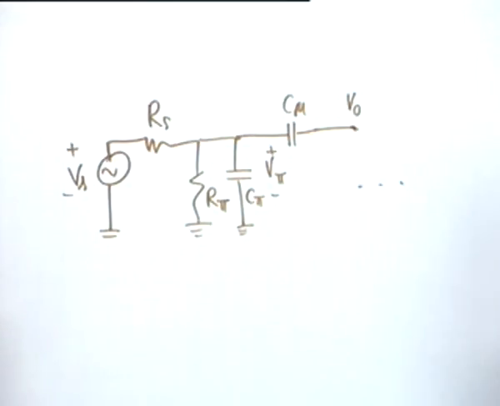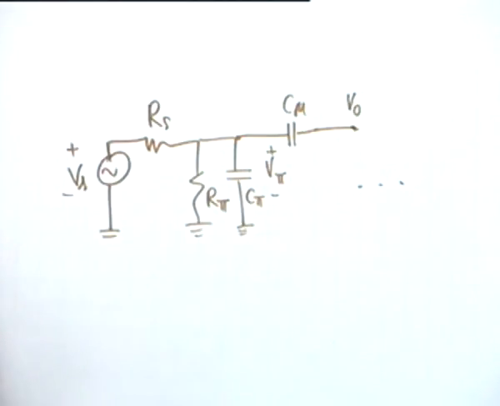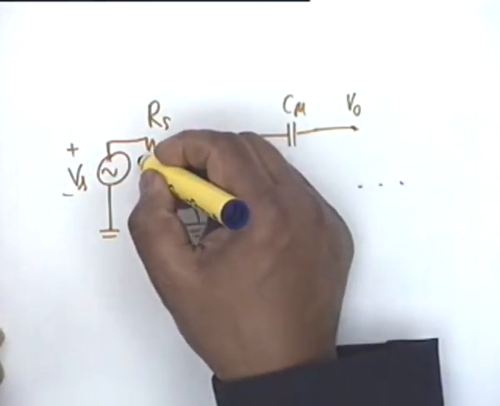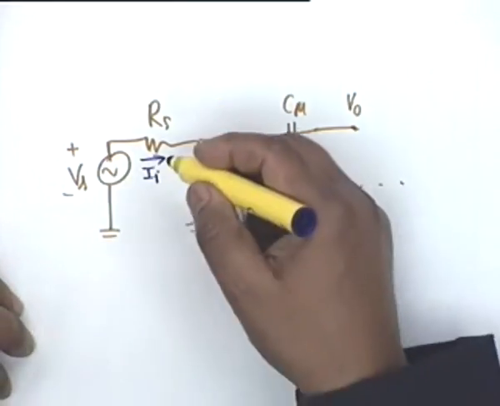I am not drawing the rest of it. Okay, there is a current generator, whatever it is, it does not matter. But what I am interested in is finding I sub I, this current.